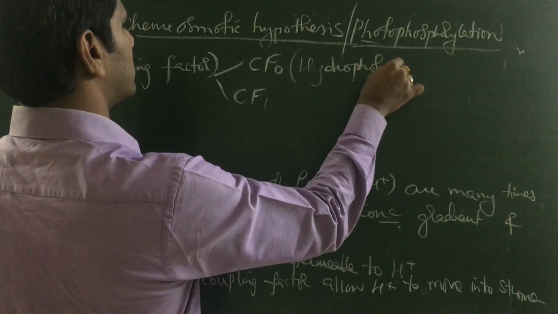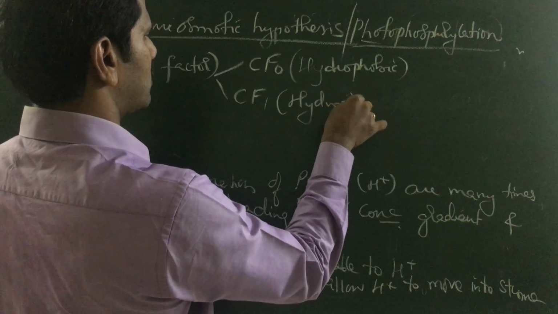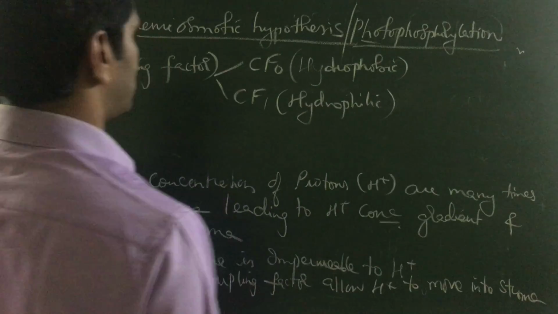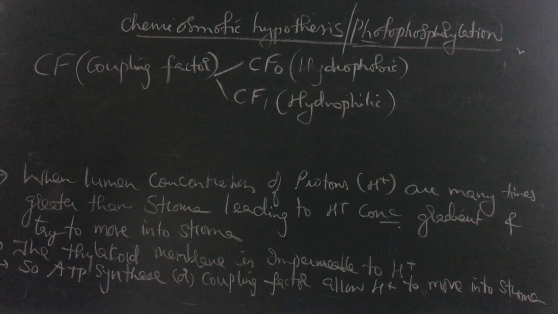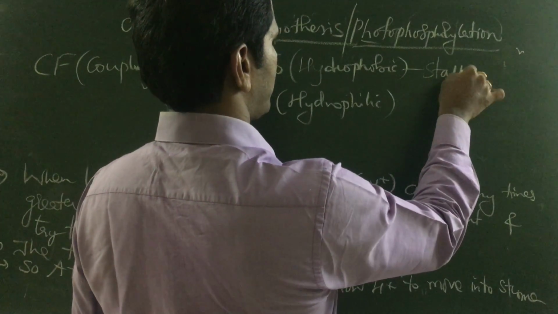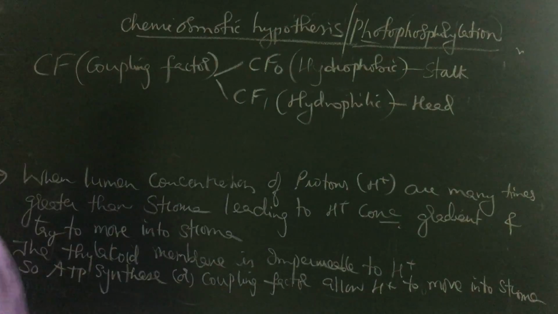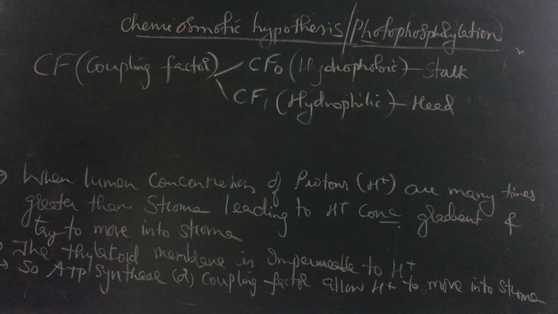Okay. So CF0 is the stalk, and CF1 is the head. This is called the stalk and this is called the head.